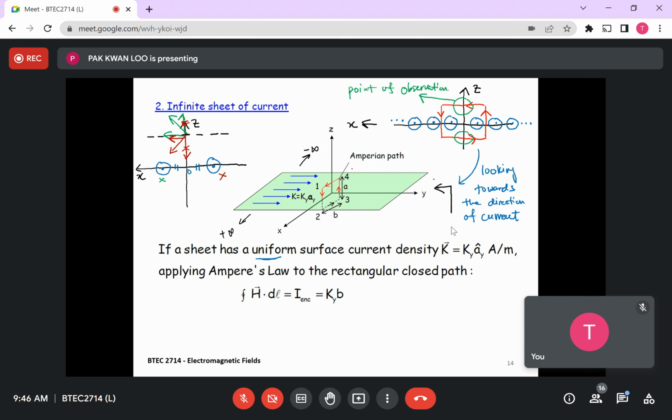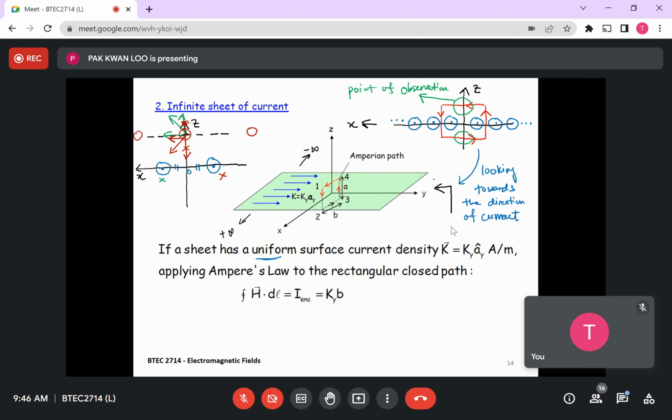So if the point of observation is close to the surface, and the dimension of this surface here is very large compared to the point of observation, it means that regardless of where we choose, we can choose our point of observation here.